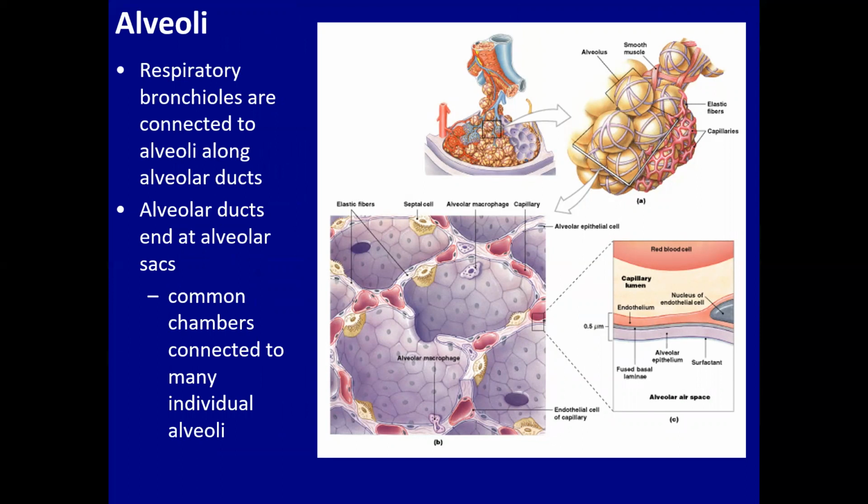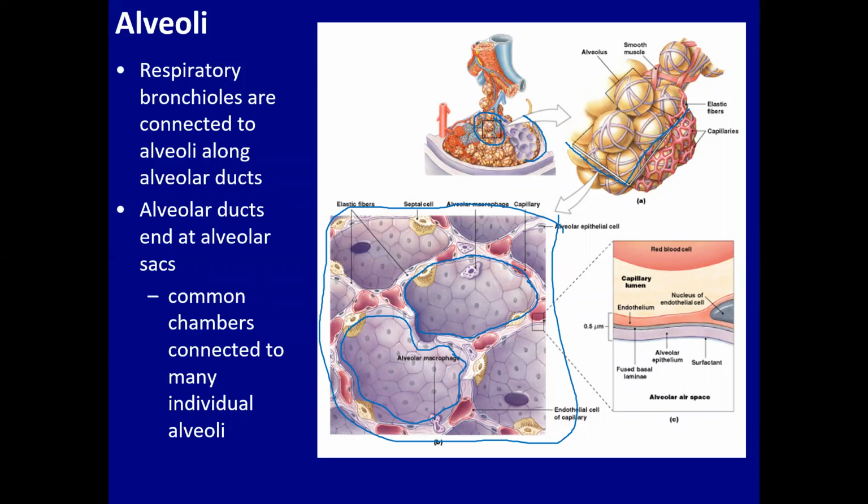We've taken this area right here, and we've taken this cross section through there, and that's what you're looking at in this image. This is a cross section of a single alveolus. So it's a hollow grape.